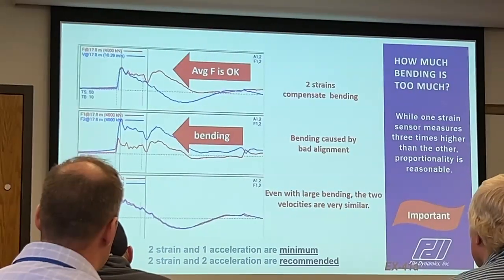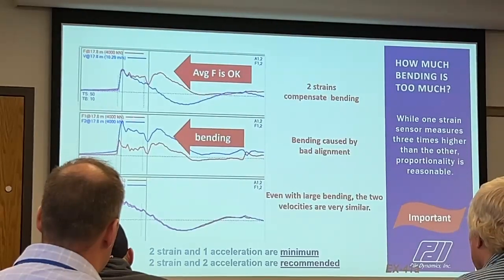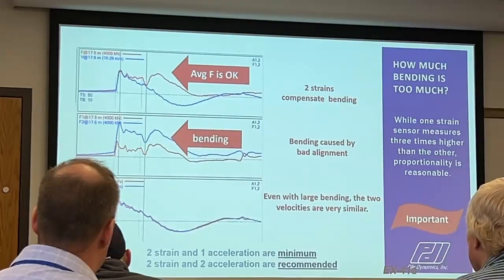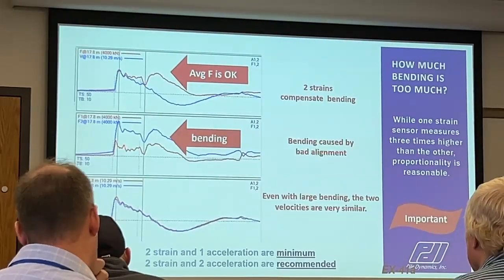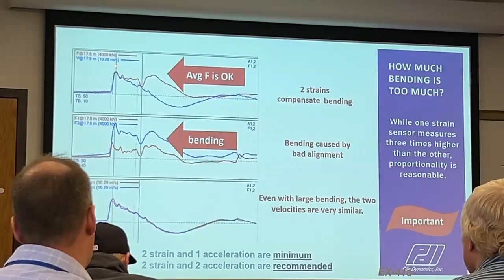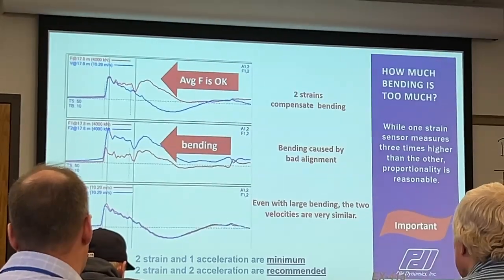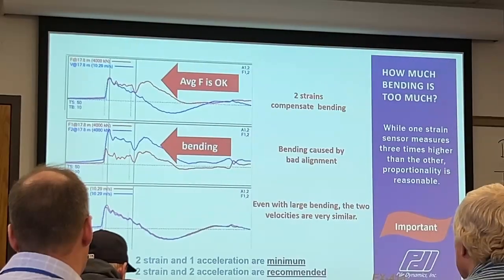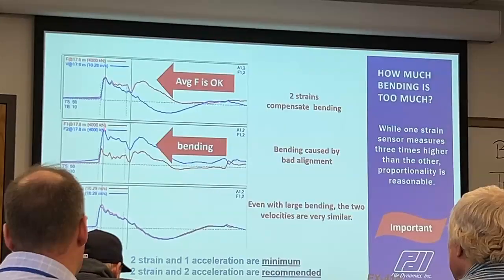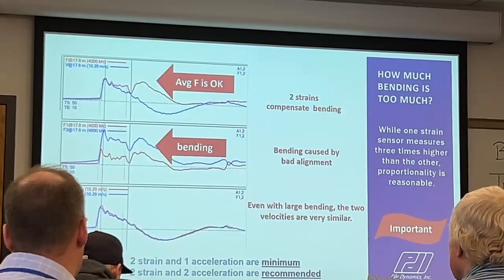When we look at the individual strains, we see that one is very low and one is very high, but on the average, they're matching each other, the proportionality, quite well. This is why we use more than one strain gauge, because on the average, it agrees nicely with what we expect. But if we were to only have one on the side that's getting hit harder by the misaligned hammer, this value would now be up here, and our proportionality would go away.